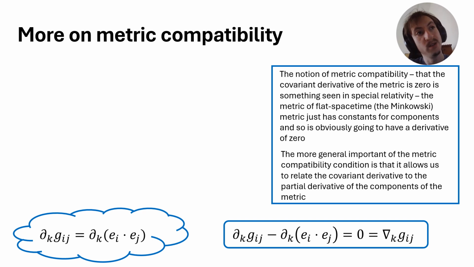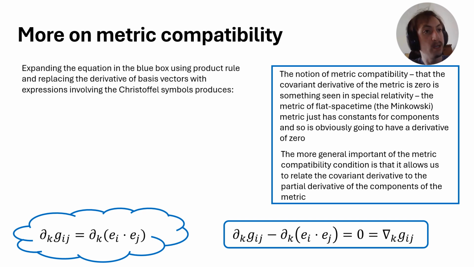And then some beautiful equations emerge if you just expand the second term on our left-hand side, the partial derivative of our scalar product of our basis vectors, using the product rule. Then you make use of our definition for the Christoffel symbols, because the Christoffel symbol is about how a basis vector changes.